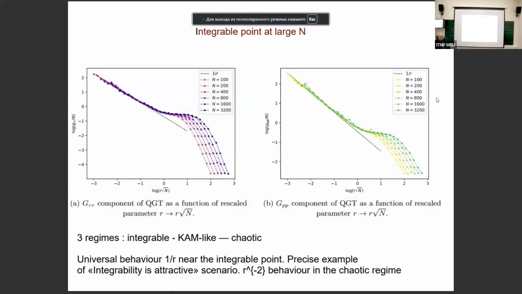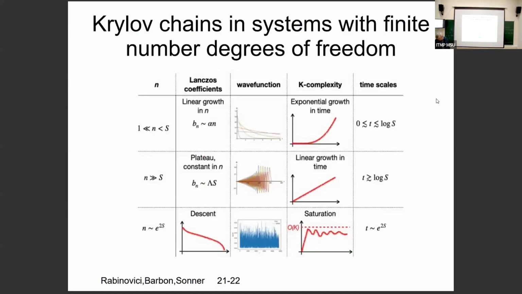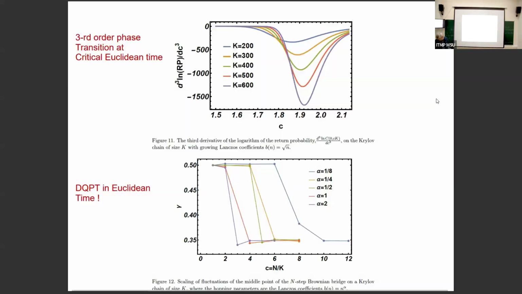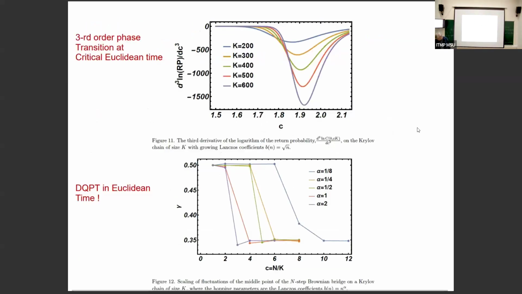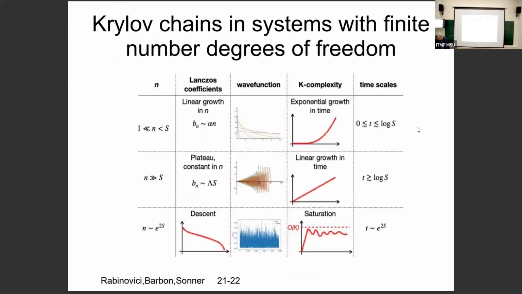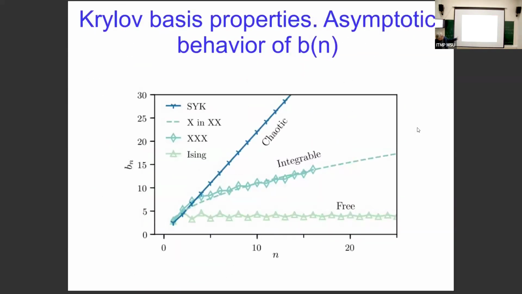We just considered several examples by doing numerical computation. Well, this one results from the paper of Parker, Cao, Avdoshkin, Scaffidi, Altman. This is the famous paper where the use of the Krylov basis has been introduced.